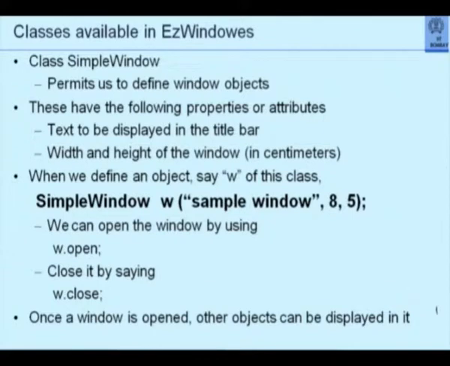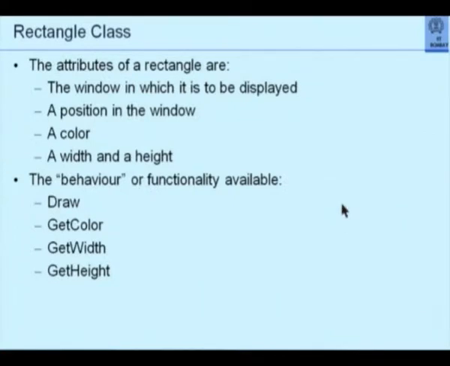Incidentally, when you download EZ Windows, there is a whole lot of documentation available which describes every class, every member function of the class, the meaning of the parameters in those member functions, what the behavior is, what the return values are, and so on. I would suggest that you read that entire manual first as a storybook, and then maybe attempt to execute some of those programs, some of those features.